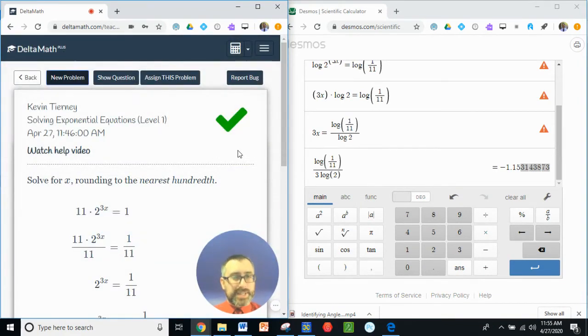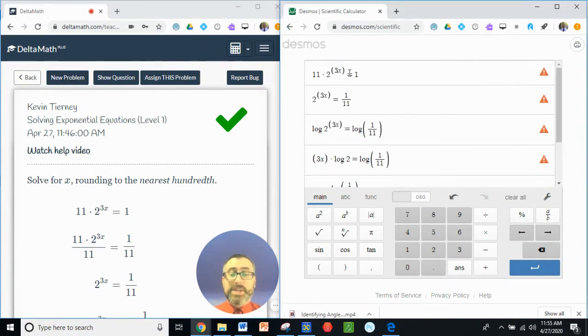Excellent. So let's recap the steps that we did. First, we copied the equation down into our workspace. We divided both sides of the equation by this coefficient. We shifted this 11 from the left side to the bottom of the right, on the right side in the bottom of the fraction.